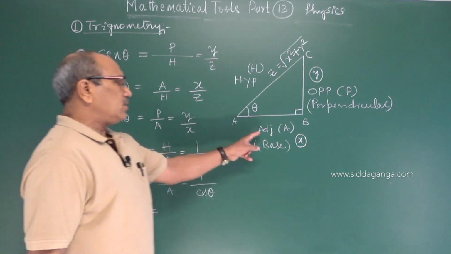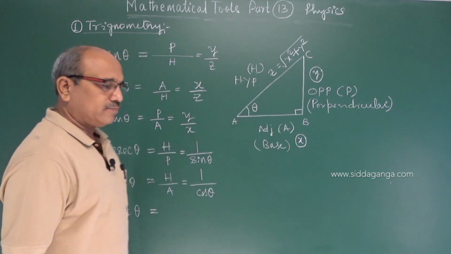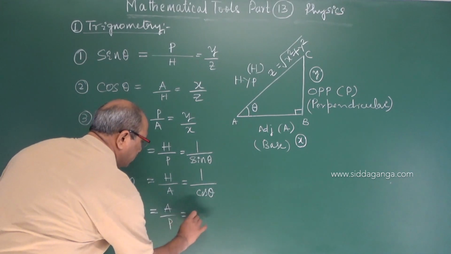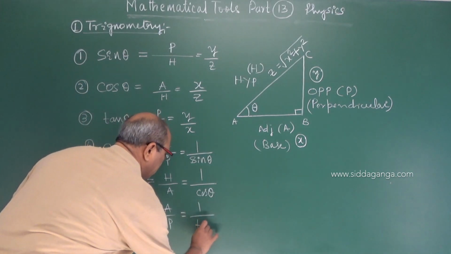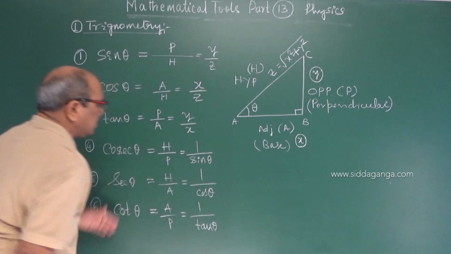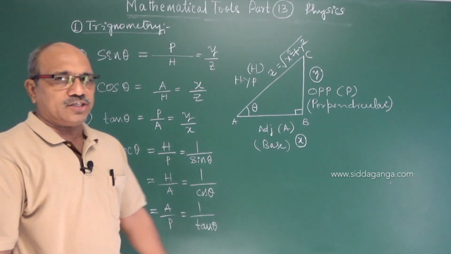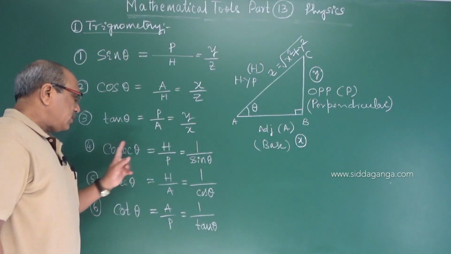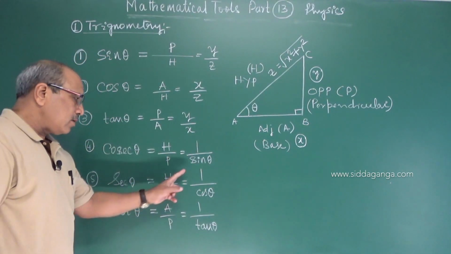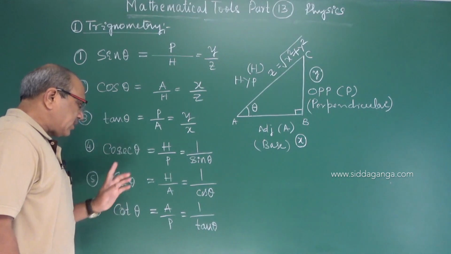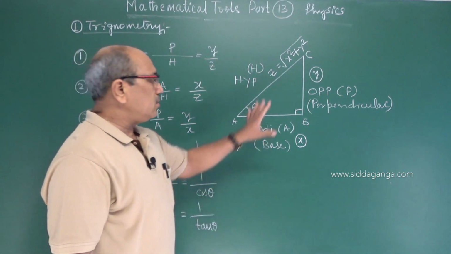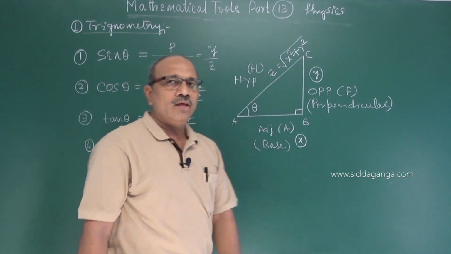Cot theta is adjacent side to the opposite side, that is A upon P, which is nothing but 1 by tan theta. That is why we call these derived trigonometric ratios from sine, cos and tan. 1 by sine theta is cosecant theta, 1 by cos theta is secant theta, 1 by tan theta is cot theta.